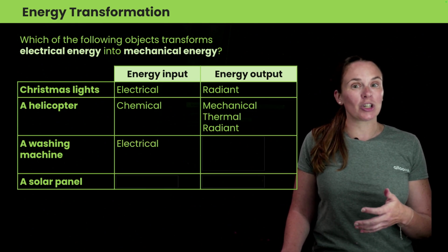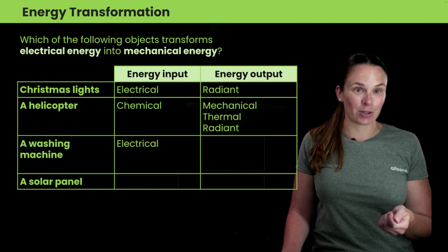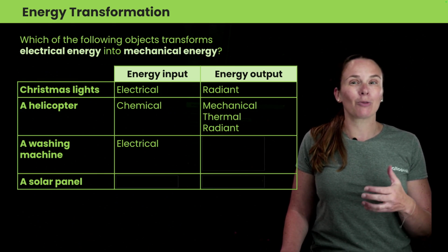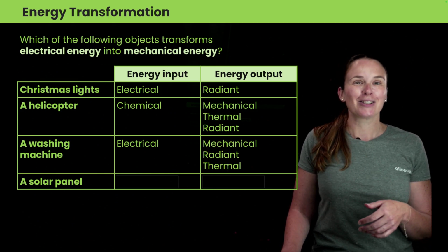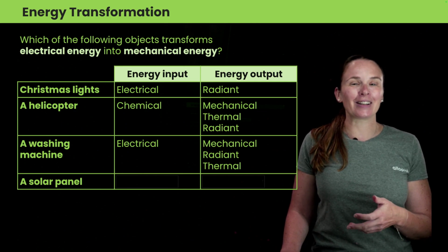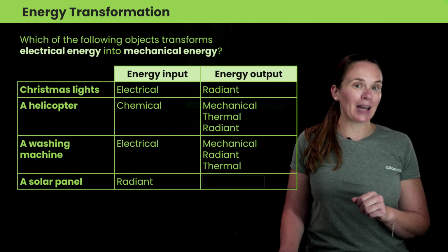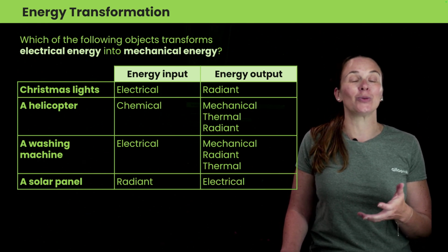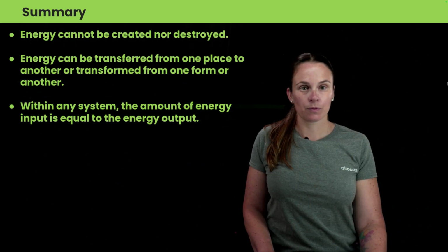Now, a washing machine's input is electrical because it's plugged into a socket. It needs that electrical input in order to function. But remember that washing machines have a lot of moving parts. So we get mechanical, radiant, and thermal energy. And then finally, we have our solar panel, which will give us our radiant energy that is turned into electrical energy.